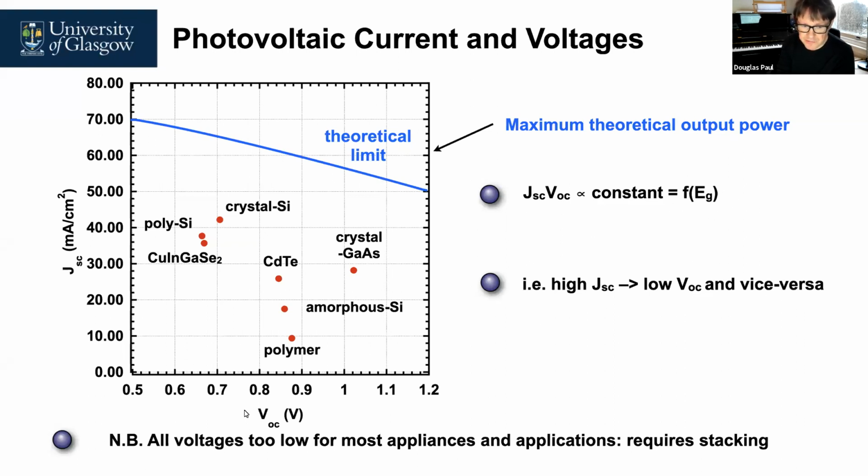So in fact, this voltage that we have is directly proportional to the band gap of the semiconductors, and that's why we've got these different materials sort of going somewhere like the theoretical curve. So if you've got very high short circuit current density, you've typically got a bit lower open circuit voltage and vice versa.